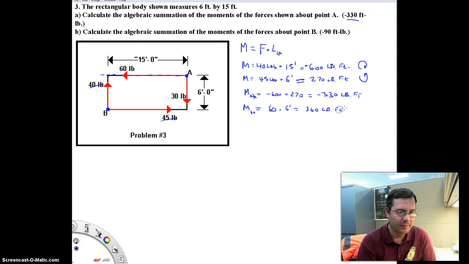Now, let's think about the motion. The 60-pound vector is pulling to the left, so it's going to create counterclockwise motion. So that's going to remain a positive number.